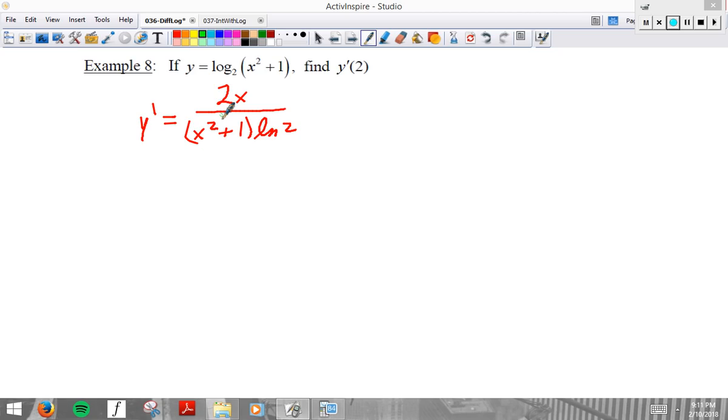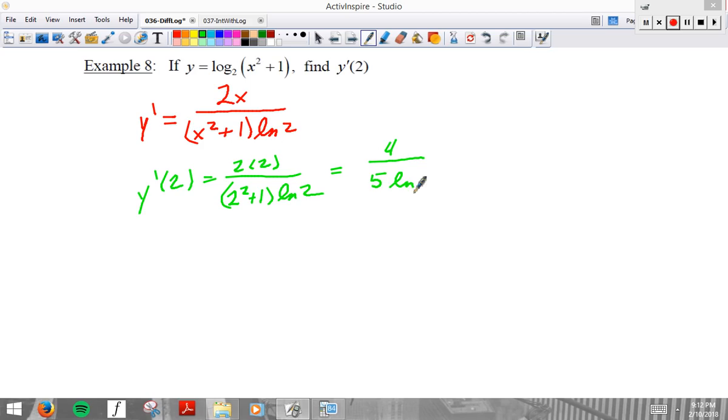If you used the change of base formula to do this, that's fine. You should have gotten the exact same thing as me. So if you haven't done it, try that out. So y prime of 2 is 2 times 2, or 2 squared plus 1, natural log 2. A lot of crazy 2's there. 4 over 5 natural log 2 would be a simplified answer, but again, this is okay.